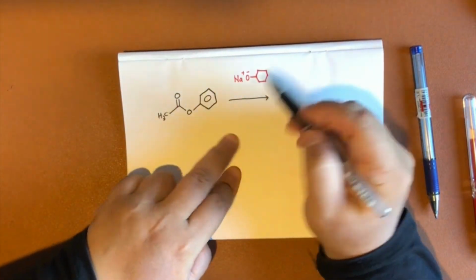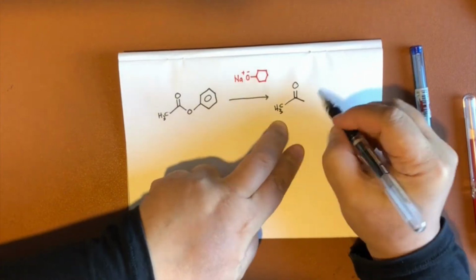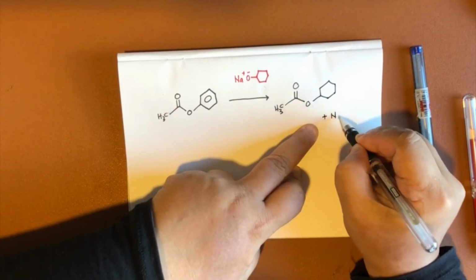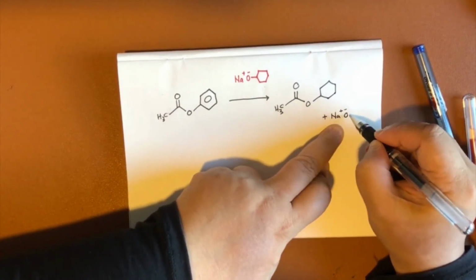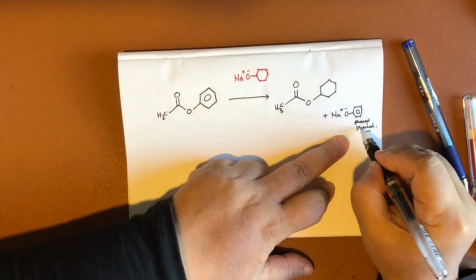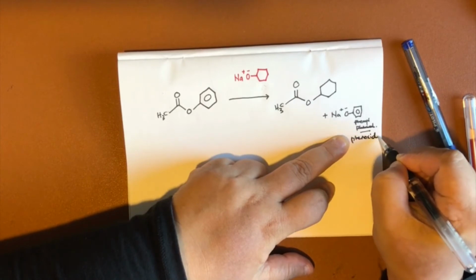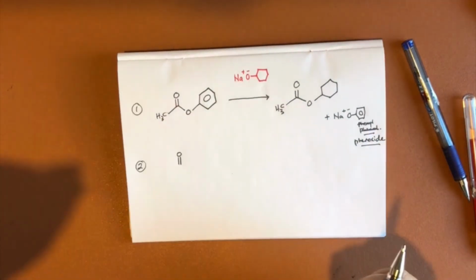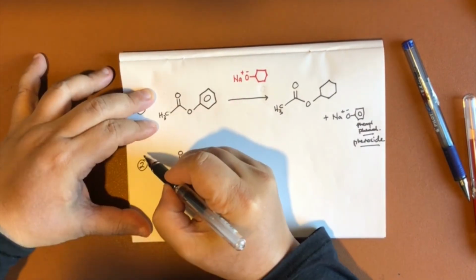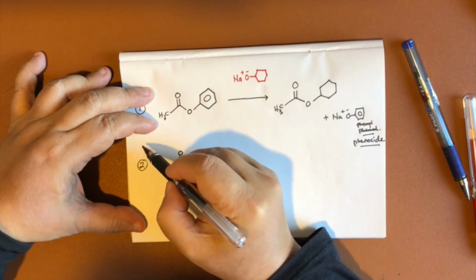You replace this. So now what we have is, okay, and you have sodium plus, then you have O, phenoxide. Yeah, phenoxide. It's an alkyl site. Okay. If you have a ring, you find a lot of lactones in drugs.